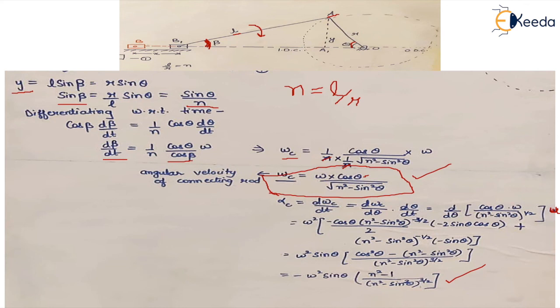I hope you can do this differentiation part. It is simple. For fractions, we keep one part constant and differentiate the other part, plus keep the first part constant and differentiate the second part, right? Here also simple mathematics is done. So when you open the bracket, it becomes minus n square plus sine square theta, and sine square theta plus cos square theta is equal to 1.